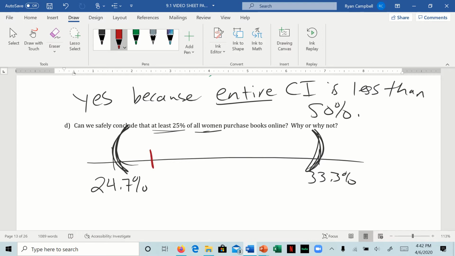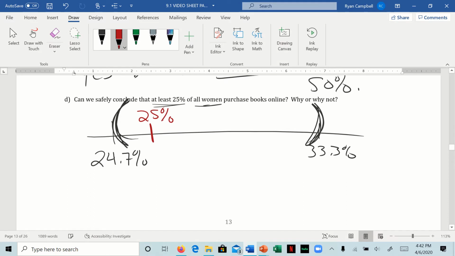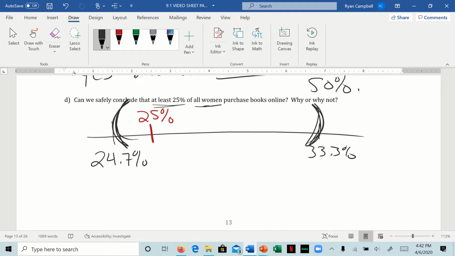It's inside. Remember, we don't know where the population proportion is. We just know it's somewhere between these two numbers. So is every possibility between these two numbers at least 25?